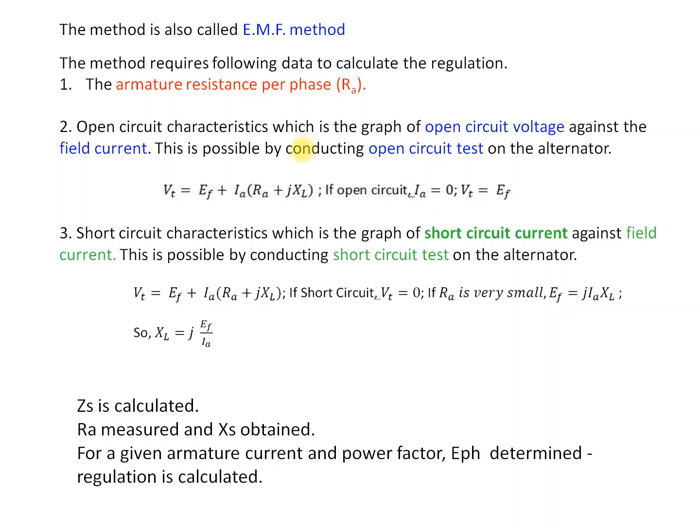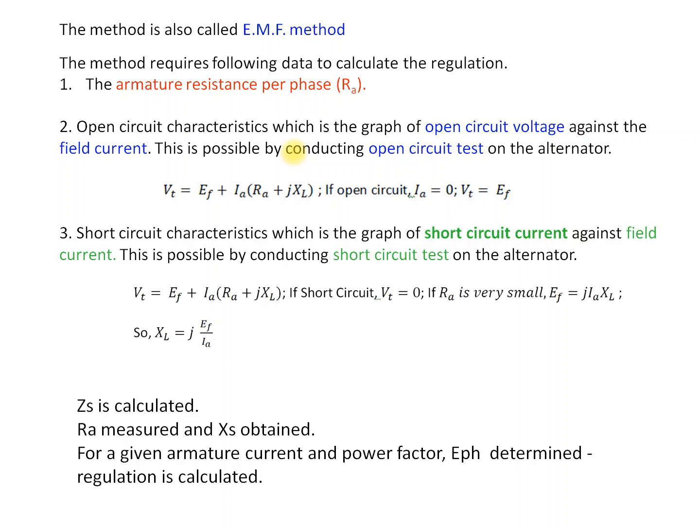At that time we will be making the terminals of the alternator open. With the terminal open, we will be giving some field current through the field circuit, increasing the IF value. We will be plotting the generated voltage versus the field current graph. I will be showing it in the next slide.